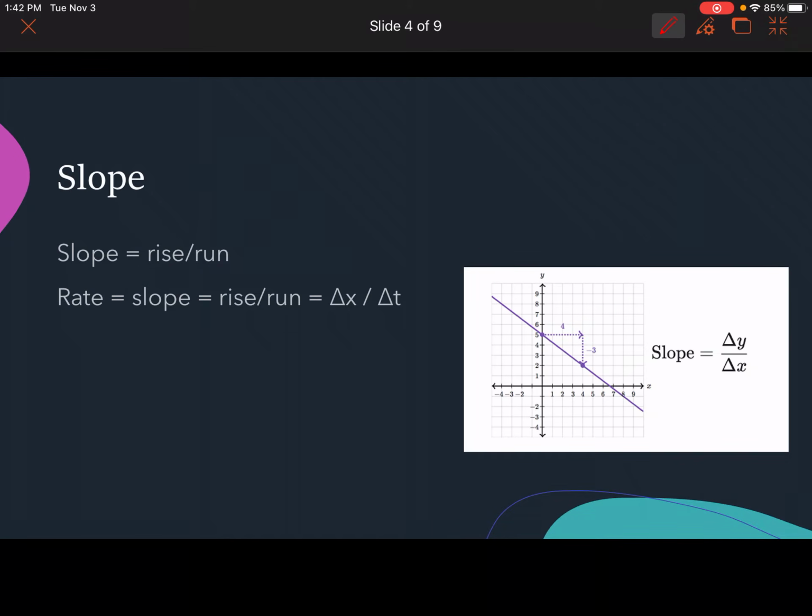So slope, just as a review here, slope is rise over run. Hopefully that's pretty solid in your mind. So rise over run. So this is delta x. And I don't mean delta x axis. This would be like a change in whatever over a change in time. We had already previously defined that as rate, right? So we've got delta x over delta time.